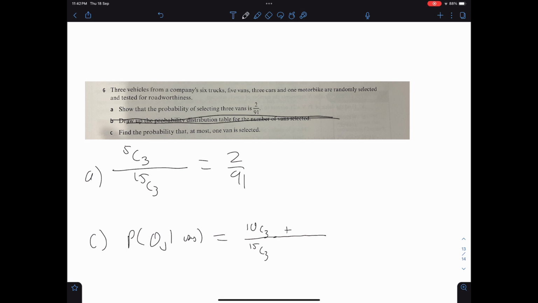And then I'd also add 10 choose 2, and then just 5 choose 1 to factor in the vans there. There's 120 plus 50 over 455. Which is 0.374.